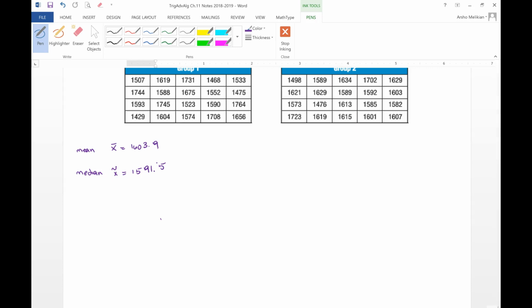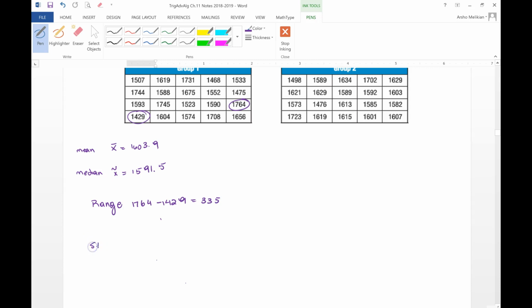What I also want is to calculate the range. We're going to do that manually. What's the highest number here and what's the lowest? The lowest looks like 1429, and the highest is 1764. So the range is 1764 minus 1429, which is 335.